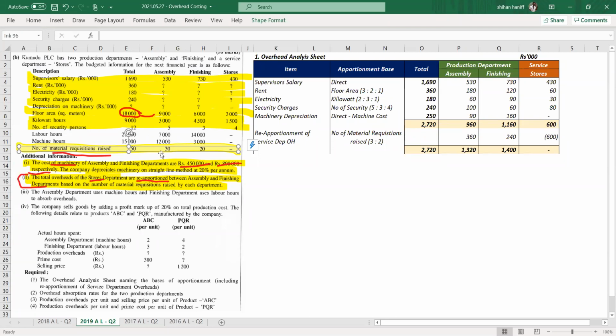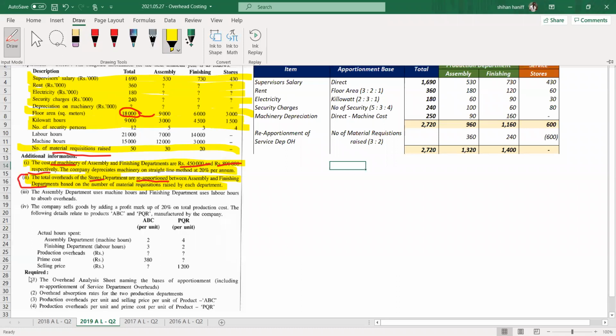Assembly department requested 30 times material. Finishing department requested 20 times. So the stores cost is allocated based on the requested materials. It's a document, material requisition note. So that's the first part.